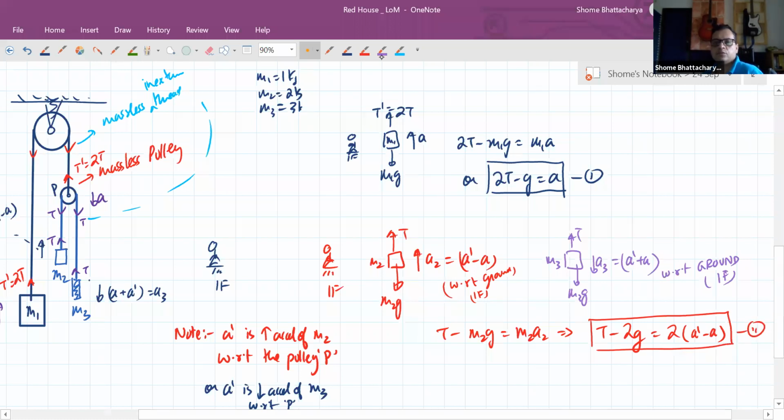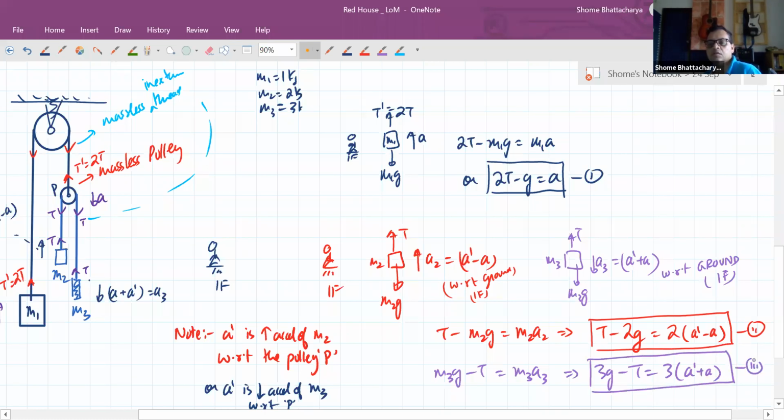And for the third one, I have weight minus that same tension, so I have 3G minus T is equal to 3 into A prime plus A. Now you can see it's quite easy, 3 equations and 3 variables. You can solve quite easily.